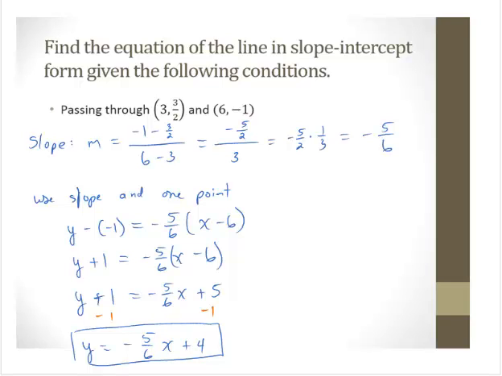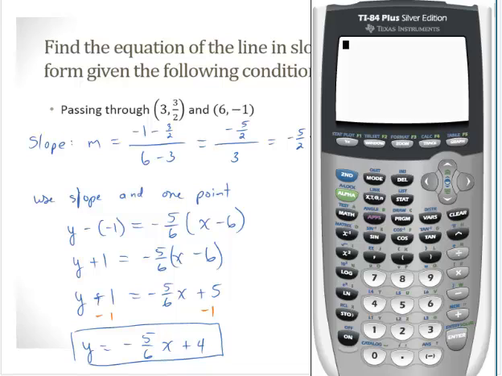So now I have that. It's always a good idea to check with the other point that we have. So I'll use a calculator to check in this case. So now passing through 3, 3/2, so if I substitute 3 for x, I better get 3/2 for y.